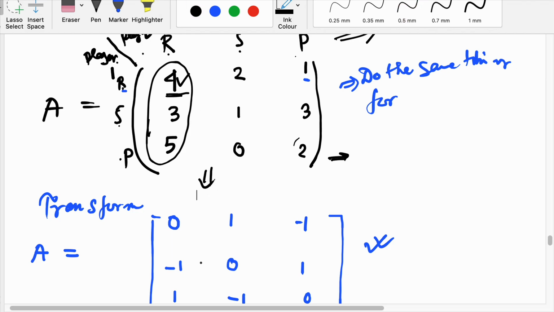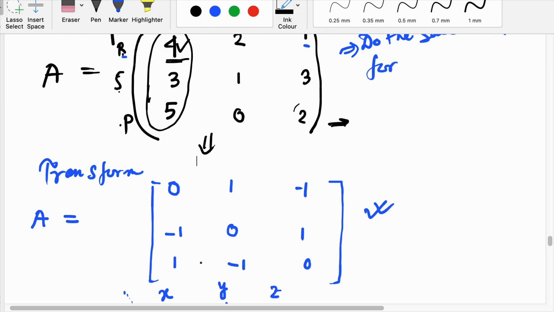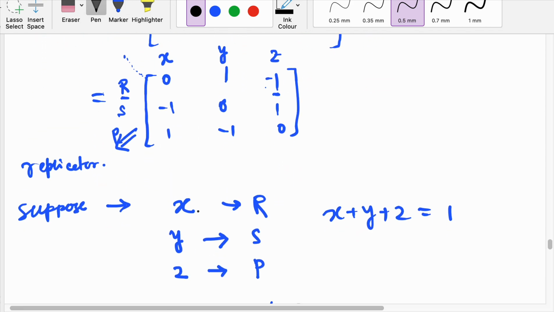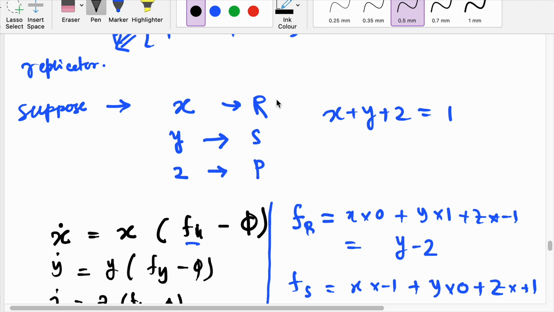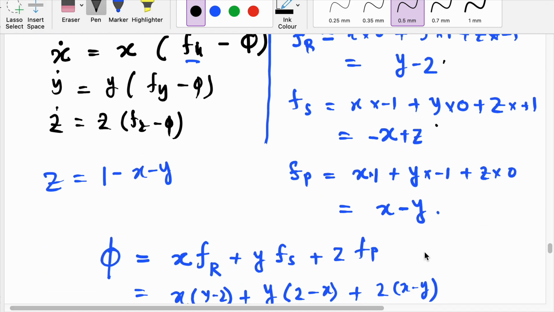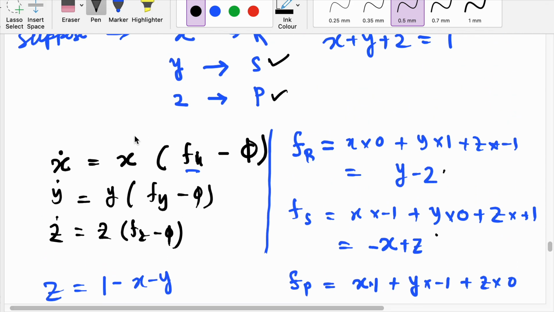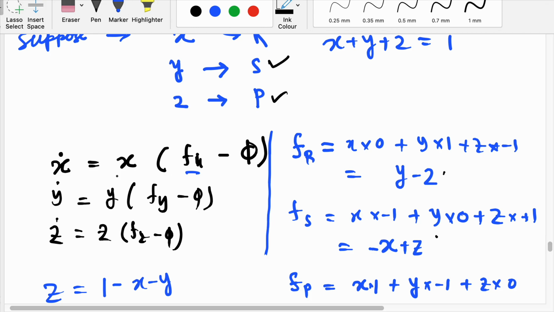After doing that, the conclusion of the replicator equation will remain the same. So we wrote the average fitness of the rock type of individuals, the scissor type of individuals, and the paper type of individuals. And if we write the replicator dynamics, it is nothing but what we have already covered in this course.